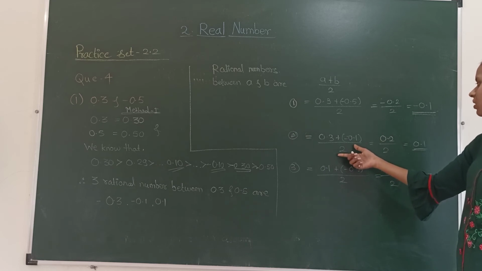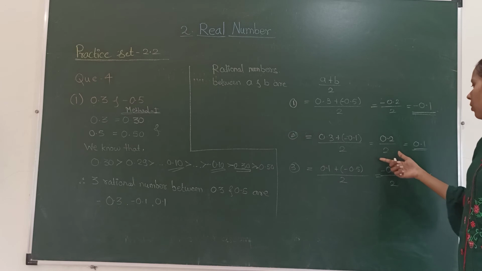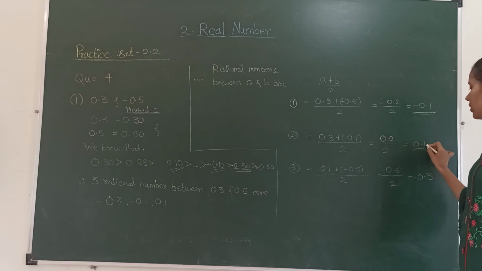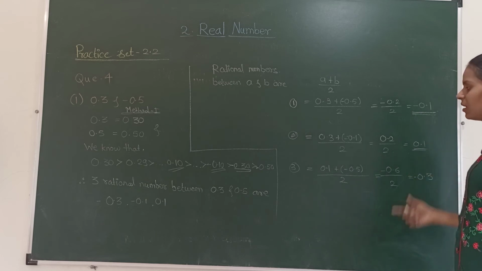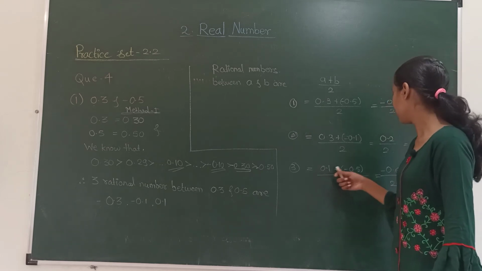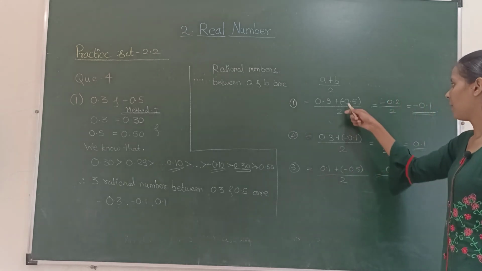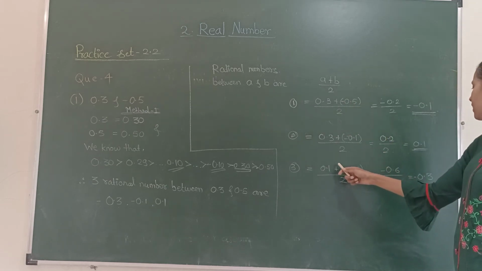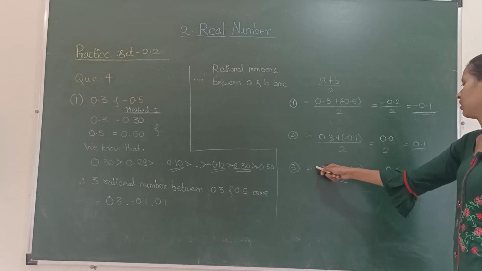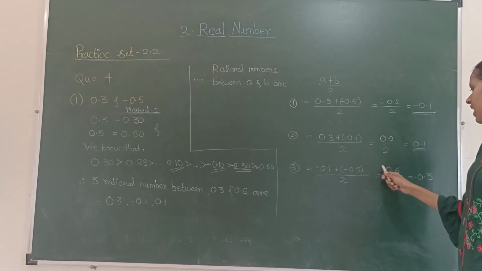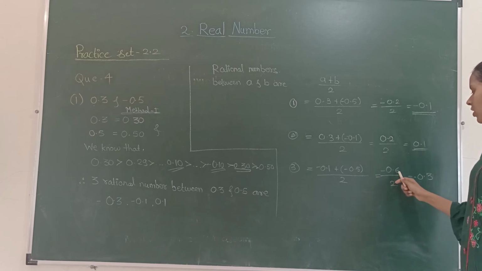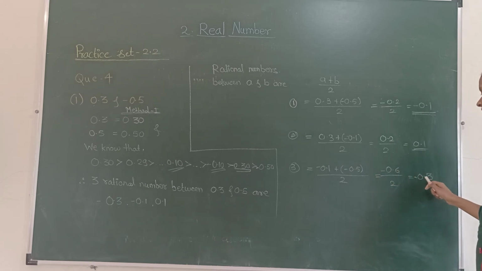So, 0.2 upon 2 is 0.1. This is the second number. For the third number, we take the 0.1 which we have found, and minus 0.5, upon 2. This minus gets plus, and then 0.5 plus 0.1 is 0.6, upon 2 is minus 0.3.